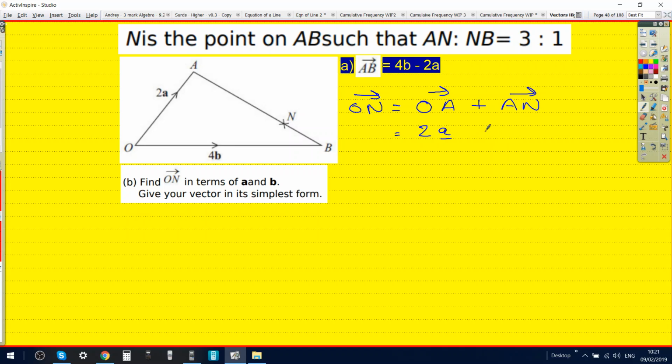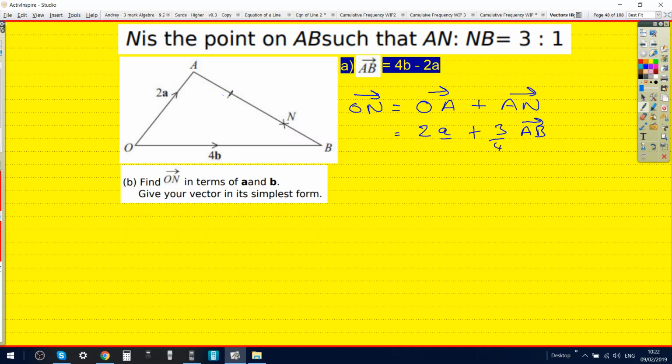Would it be 3/4 again? Yeah. Of what? I'm not sure. A to N is 3/4 of what? 4B minus 2A? Yeah, basically it's 3/4 of A to B.